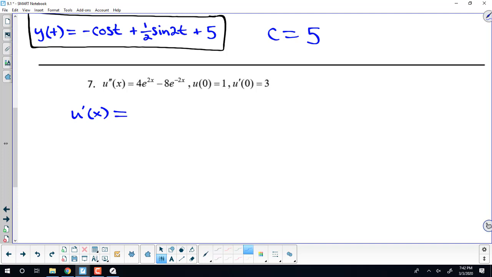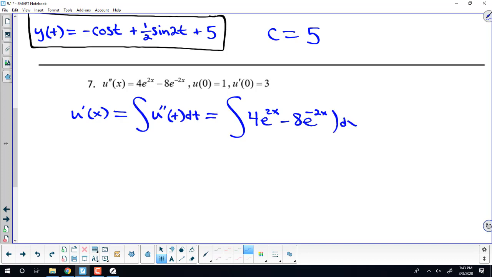So our first derivative, u prime, is the antiderivative of u double prime, e to the 2x minus 8e to the negative 2x dx.